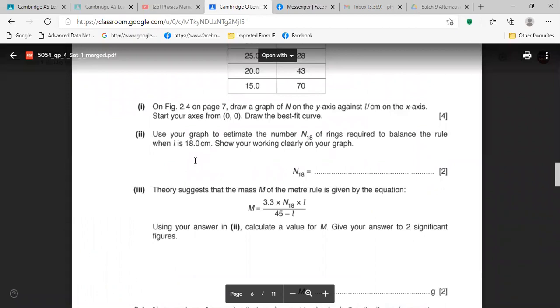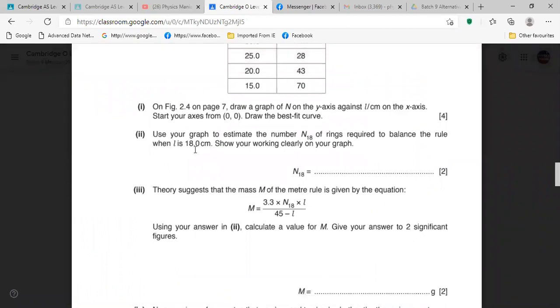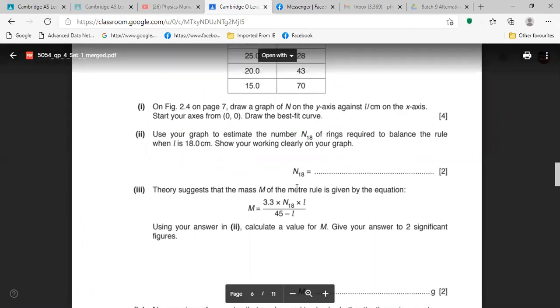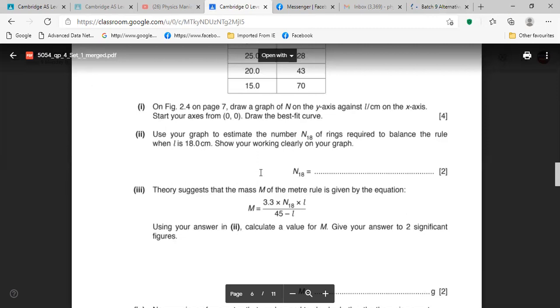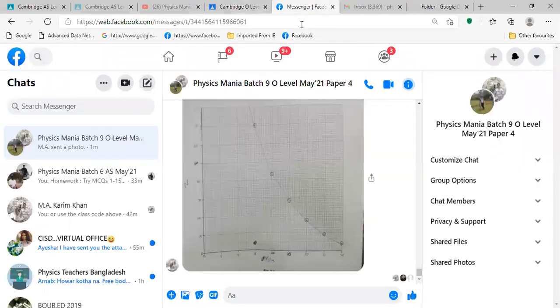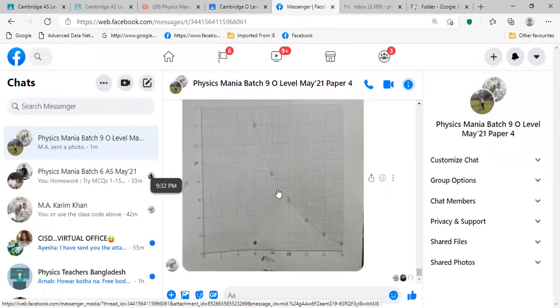If L equals 18 centimeter, N18, what you got? 51. You got 51. And LT got? 61, sir. How come such a big difference? It should not be that much different.